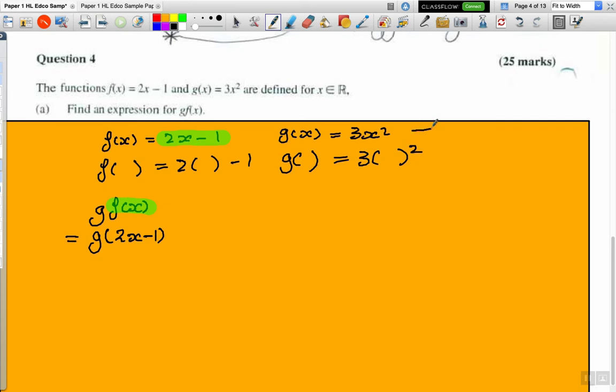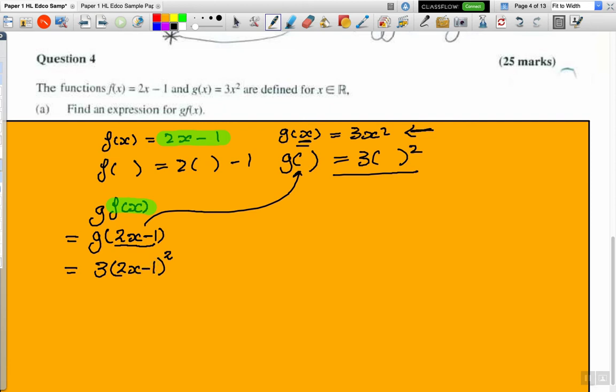Well, we're not allowed to use the top formula because this formula is only used when we have x. We don't have x, we have 2x minus 1, which means we're forced to use the empty bracket method. So the empty bracket method is 3 empty bracket, all to be squared. But what's in that empty bracket? What's in that empty bracket is going to be 2x minus 1. So we put 2x minus 1 in there. And that is the answer.